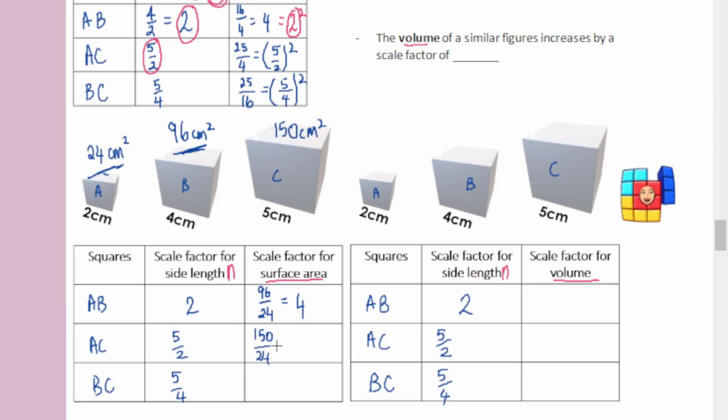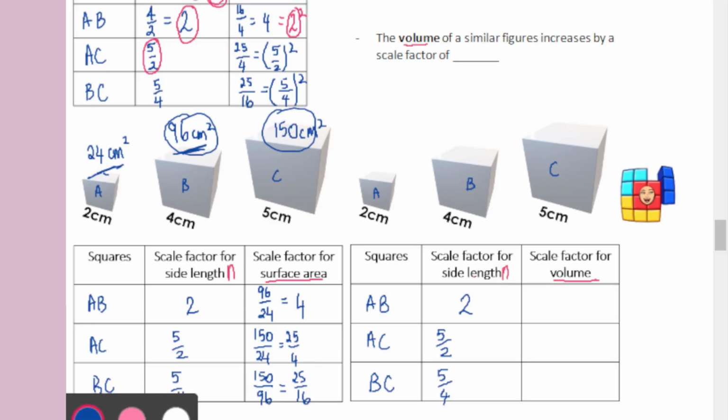If you use a calculator, this simplifies to be 25 over 4. And BC, finally, we have 96 and 150, so 150 over 96, and on a calculator that simplifies to be 25 over 16.